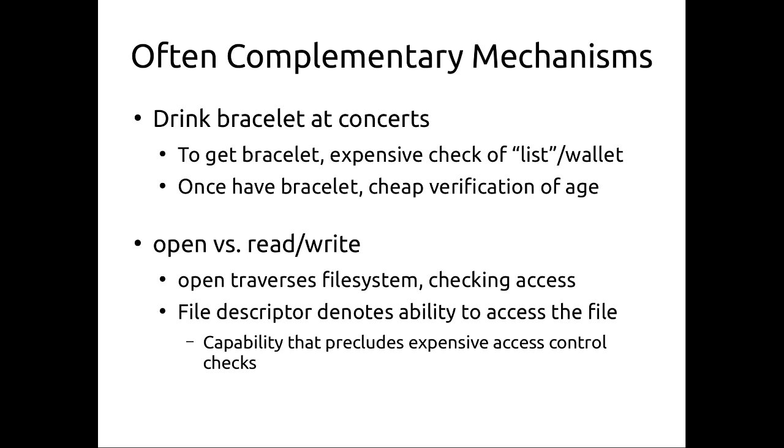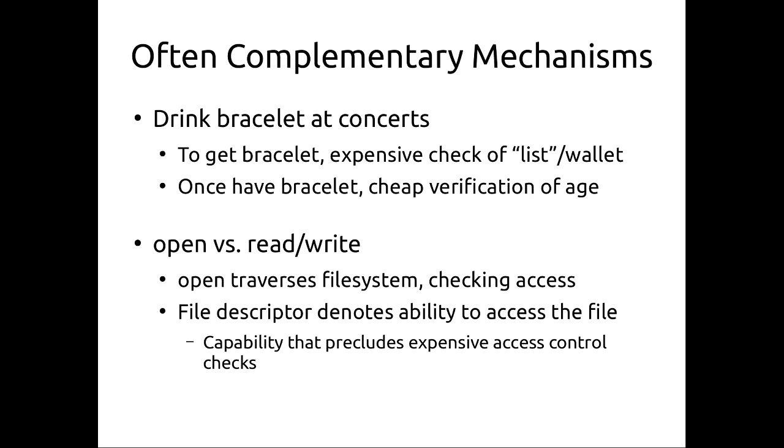But then once they check that access control list equivalent, which is not a perfect analogy, I apologize, they give you a bracelet. Simply having that bracelet, that capability, denotes your ability to access the resource of the booze, right? So once you have the bracelet, there's cheap verification of your age, as if it was a capability table, just looking up a single entry in it, an index into it, which is fast.